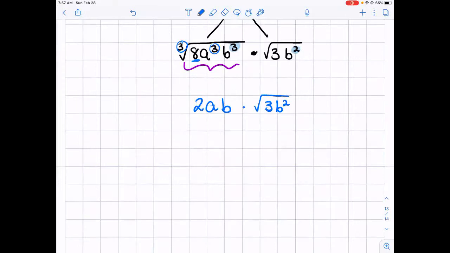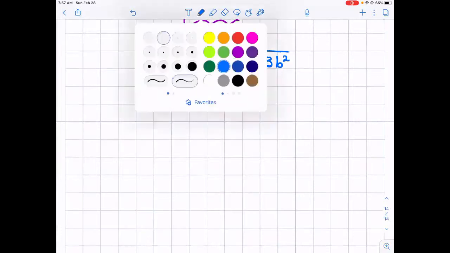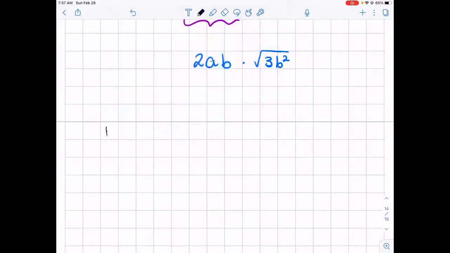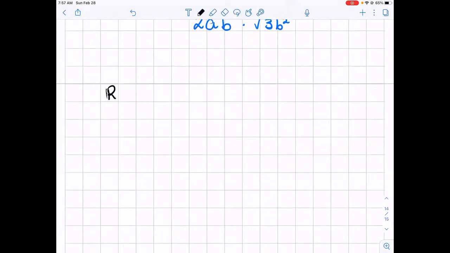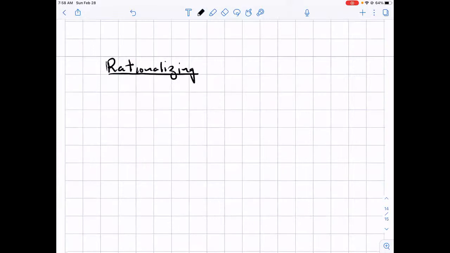In that same video, we talked about rationalization. Since we're doing square roots, how to rationalize. Remember, rationalizing means you multiply by the conjugate.